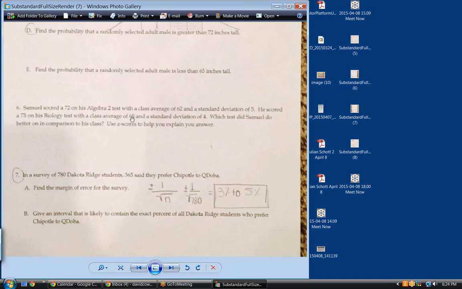Minus 69, which is 6, divided by 4, which is 1.5. So which test did he do better on in comparison to the class? The first test. He outperformed the average better on the first one than on the second.